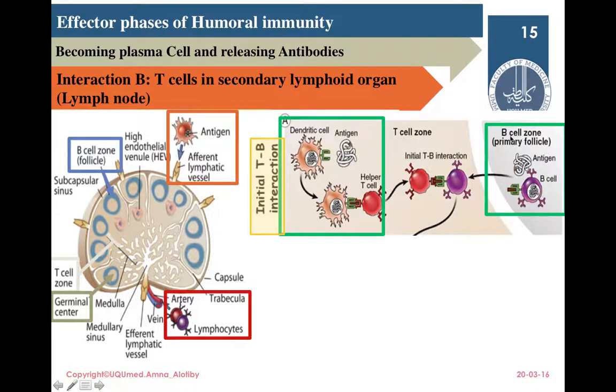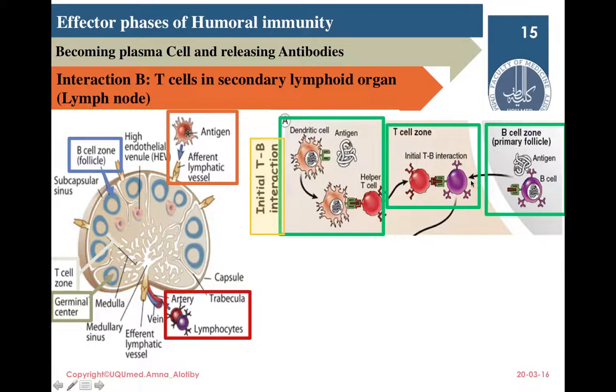On the other side, in the B cell zone, which is the primary follicle, the same antigen which has been presented by the dendritic cell to the T cell will bind to the B cell receptor complex, and it will be taken up by these B cells and expressed on MHC class II on these B cells.